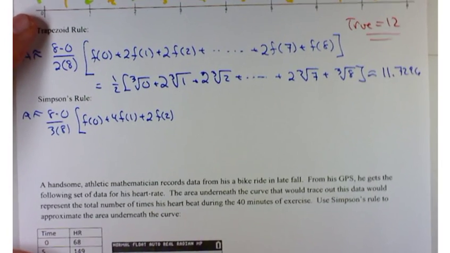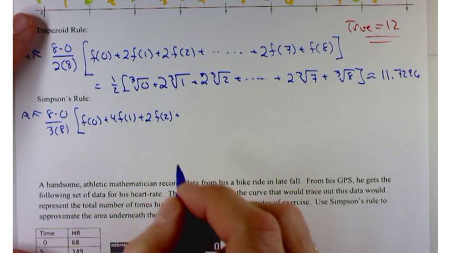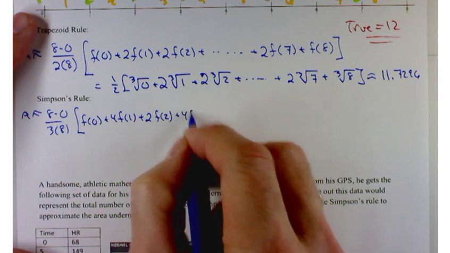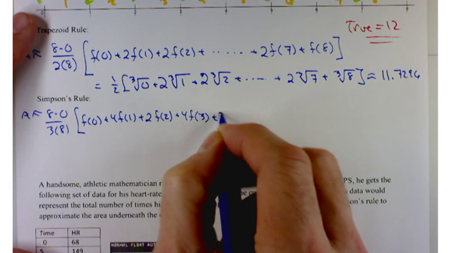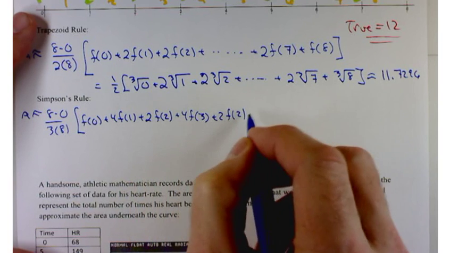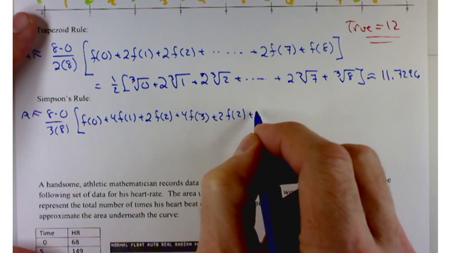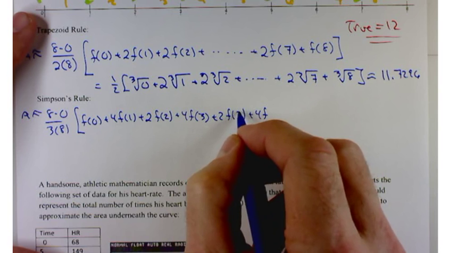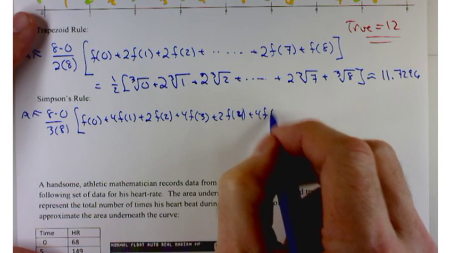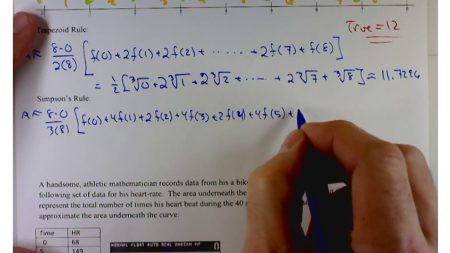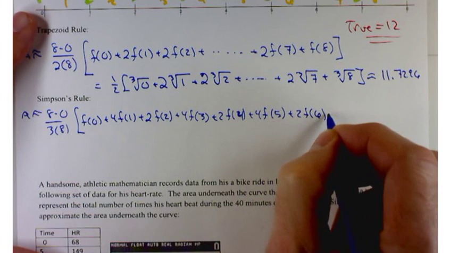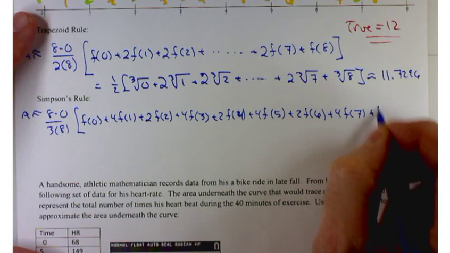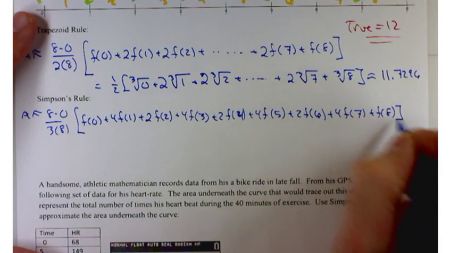I'll actually write it all out. What would the next term be? Ben? 4f of 3. Good. 4f of 3. Then 2f of 4, sorry, 2f of 4. 4f of 5 plus 2f of 6 plus 4f of 7 plus f of 8.